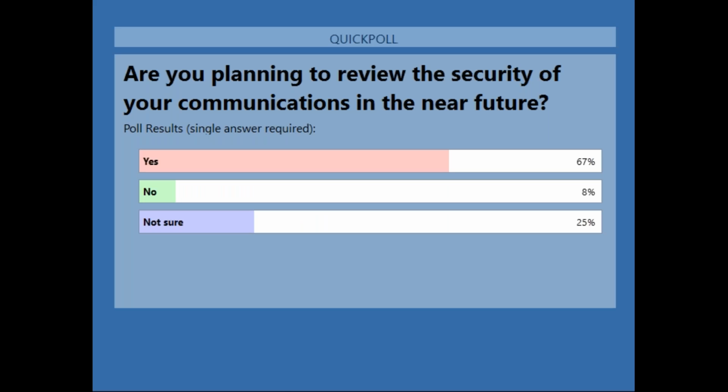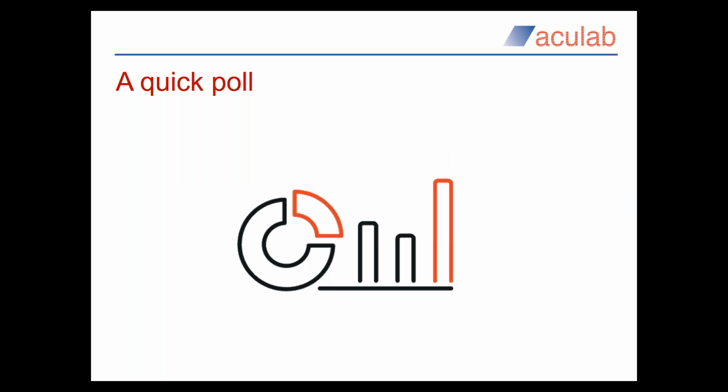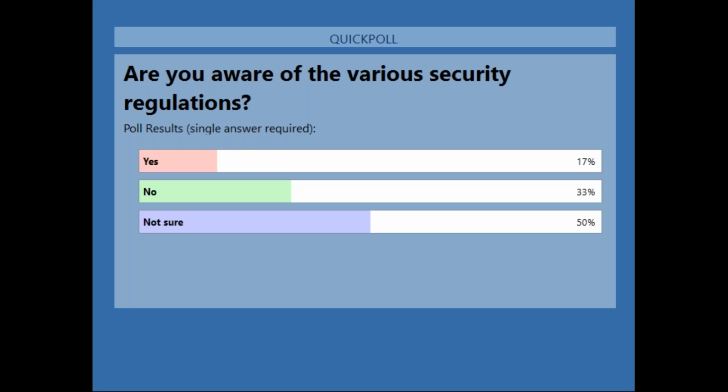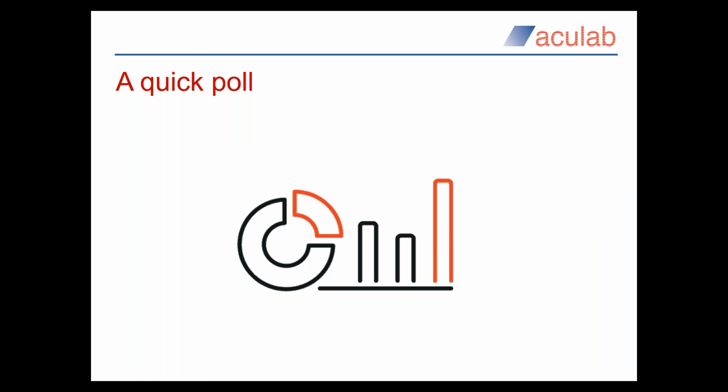And again, fairly similar on that one. And then the last one, are you aware of the various security regulations surrounding the industry? So we can see that 83% were either no or not sure on that one. So that's quite interesting. So thank you everybody for doing that for us.